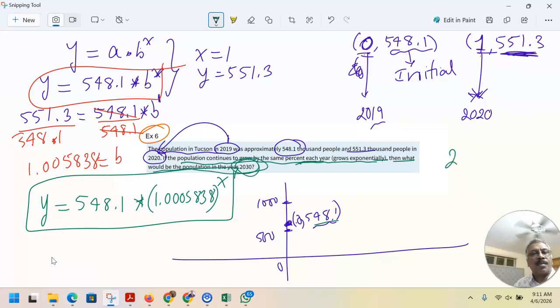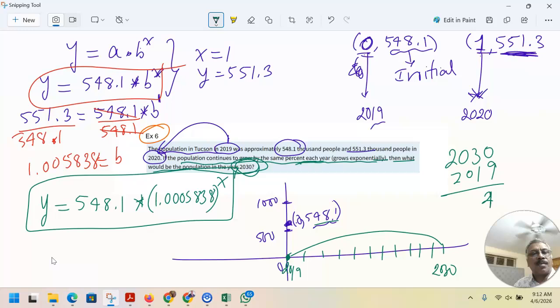So 2030 basically means, if this is 2019, then 19, 20, 21, 22, 23, 24, 25, 26, 27, 28, 29, and 30. So this is 2030. How many years from here to here? You can just do the math, it is 11. So all you do is in this equation put x equals 11 and you get y is 548.1 times this whole thing raised to 11.